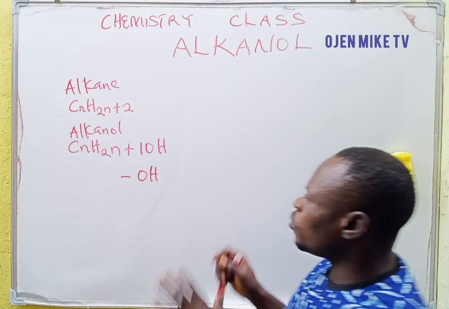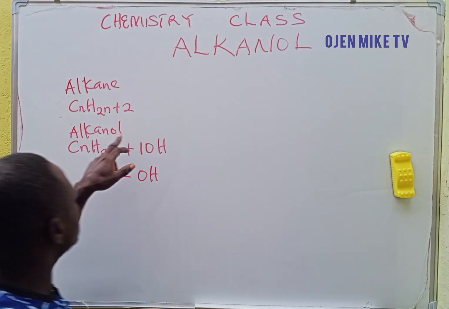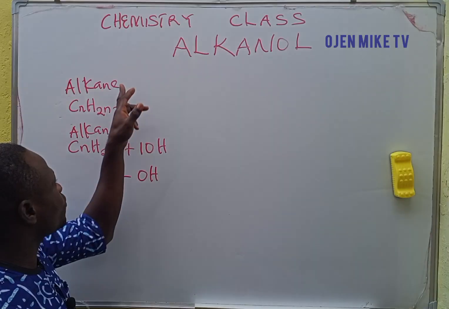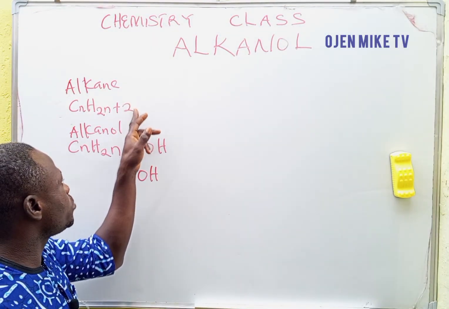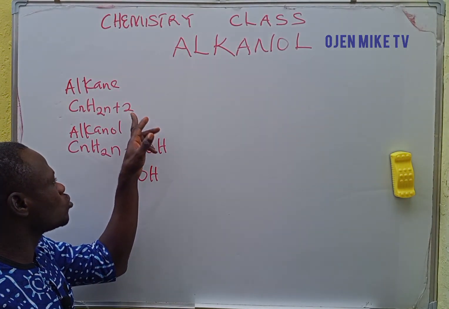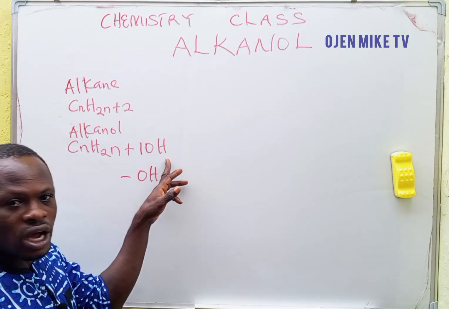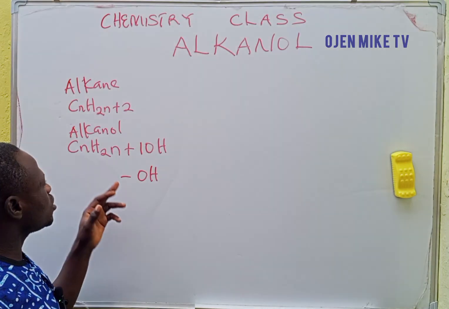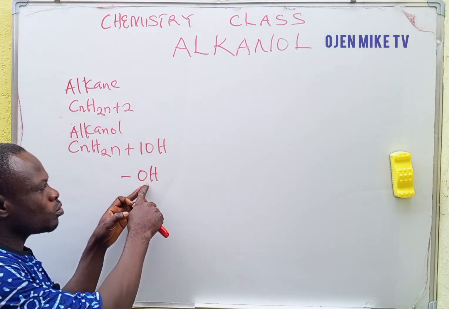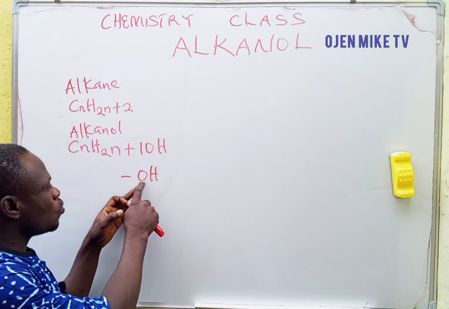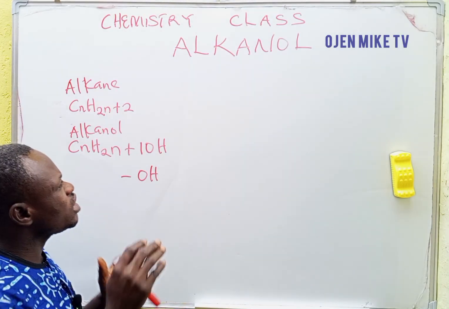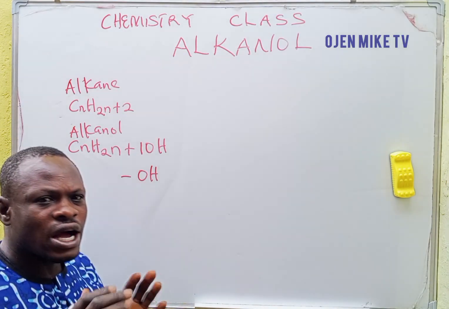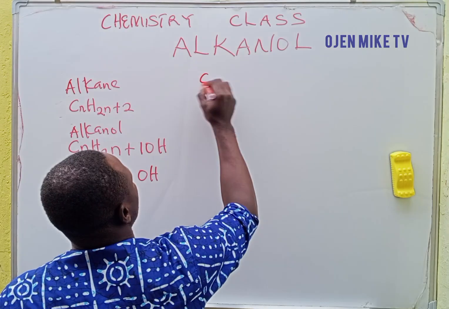So for this one, we have looked at alkanol derived from the alkane by replacing a hydrogen with the OH hydroxy group. Do you get that? Now it has a functional group. This is the functional group of alkanol, OH. Is that understood? Now the next thing we are going to look at is the classes of alkanol.